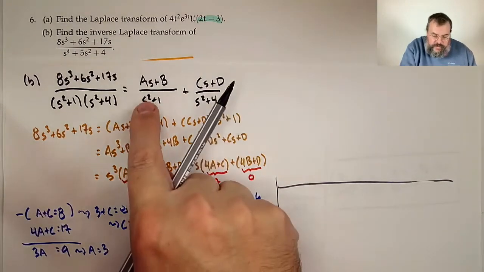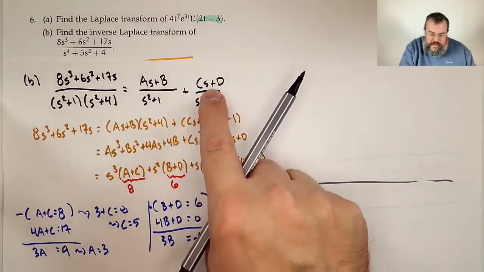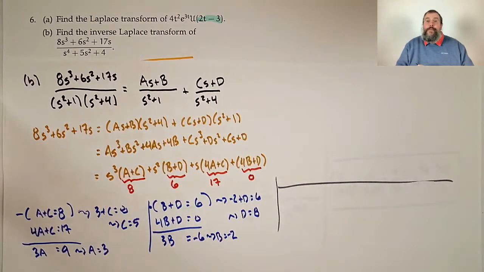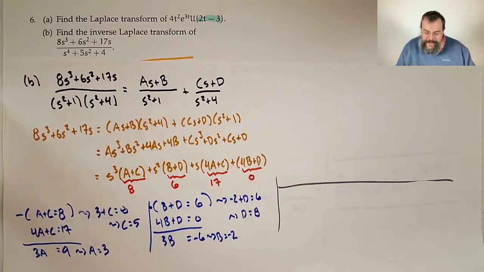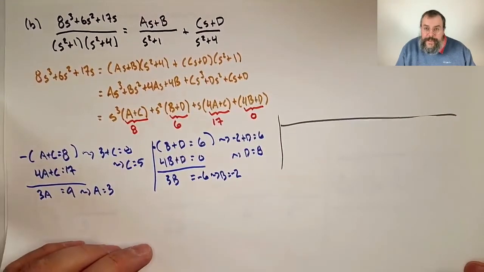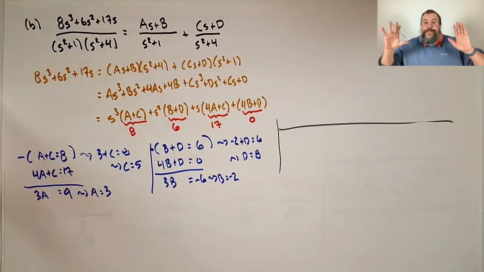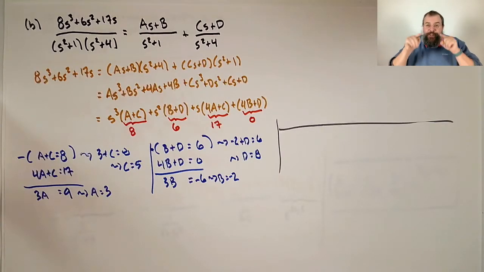So our expression as plus b over s squared plus 1, cs plus d over s squared plus 4 becomes the following. And let me pause and say, take this part and don't try to rush it. Make sure the numbers go in the right places.